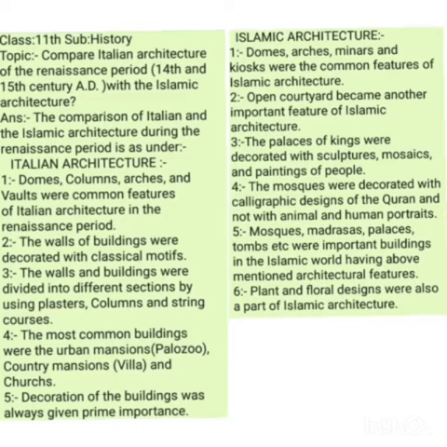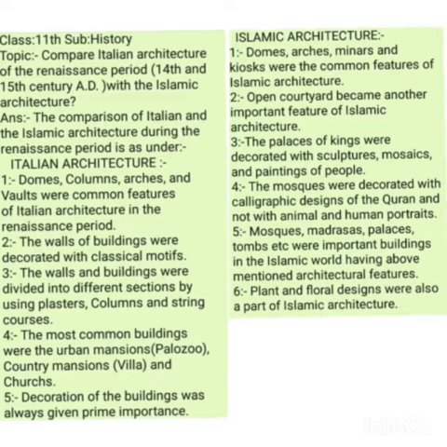Palazzos, villas, and churches were the most important building types constructed in the Italian architecture. Number five, decoration of buildings was always given prime importance in the Italian architecture.